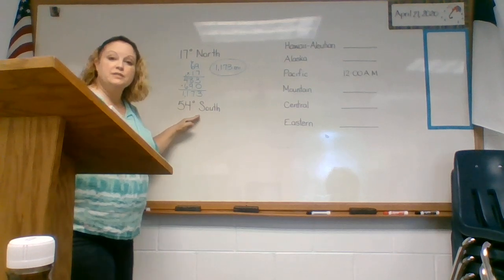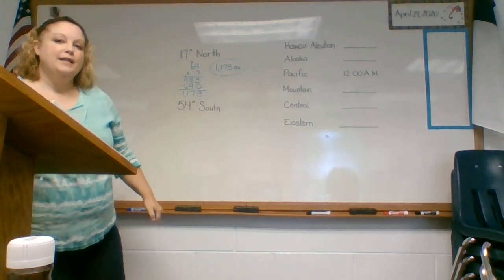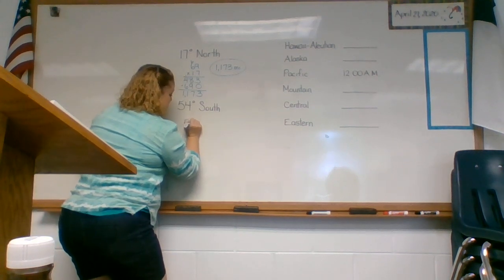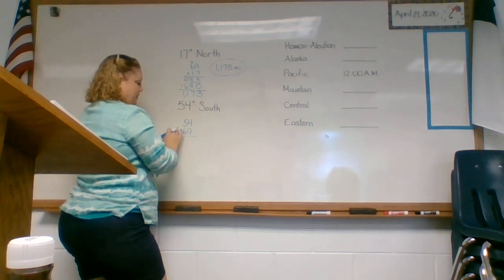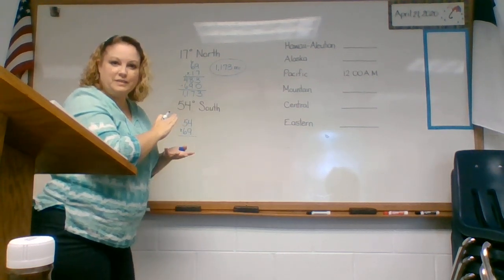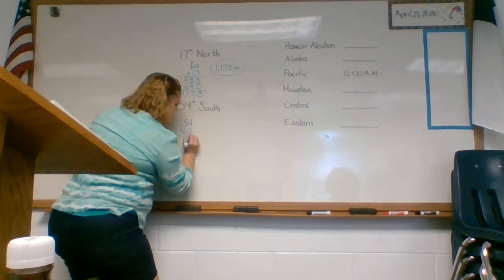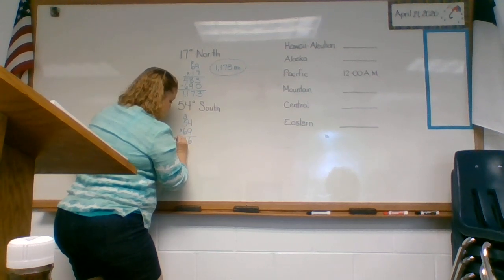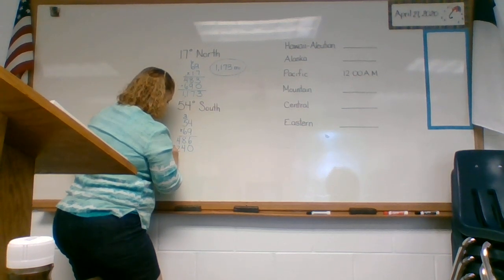We could do the same thing here. Go ahead and calculate it right there at your seat, and then come back and check to see if you did it correctly. When we multiply, it's always going to be by 69, because that's the estimated or approximate distance between each latitude at a constant rate. 9 times 4, 9 times 5 plus 3, 6 times 4, 6 times 5 plus 2.